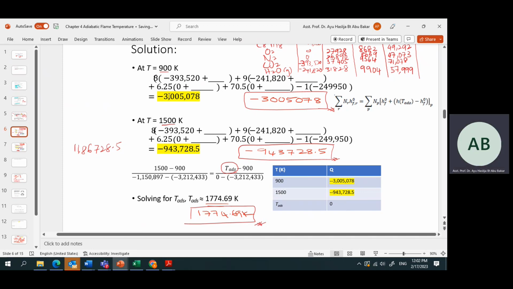For the enthalpy at both temperatures, if you get slightly different, it is okay, acceptable, as long as it is in the range.